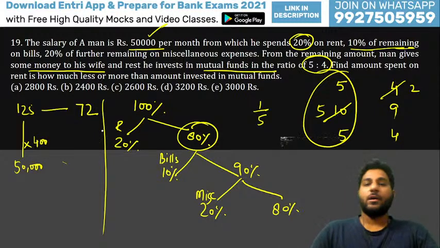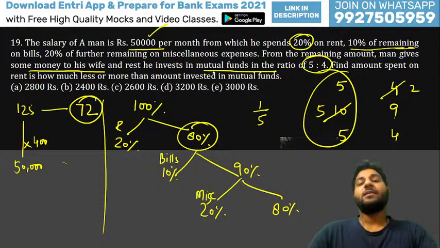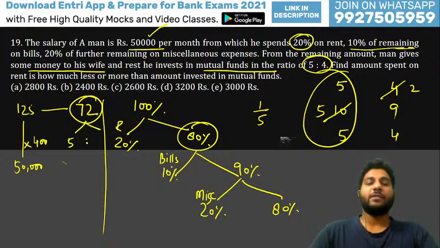Now how are you going to solve the particular question? The remaining 72 will be distributed to his wife and to the mutual fund in the ratio 5:4. That means 40 and 32.